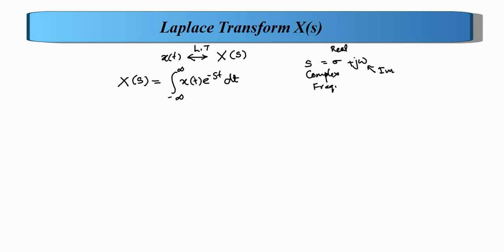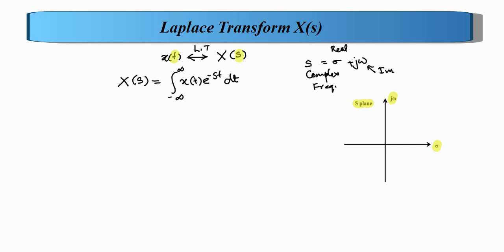We can also define a plane which is known as the S plane, with the real axis sigma and the imaginary axis j omega, and we are mapping this signal x of t into the new S plane. Here the variable is t, here the variable is s, so we can indicate s graphically in the S plane.